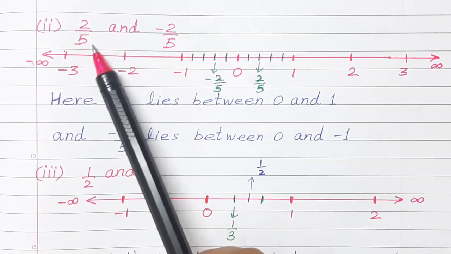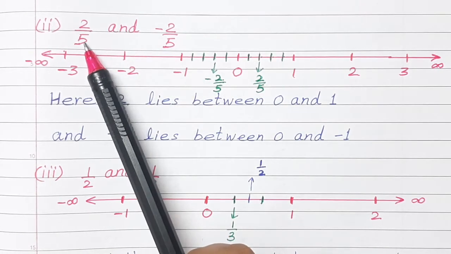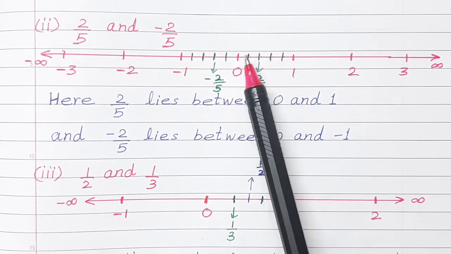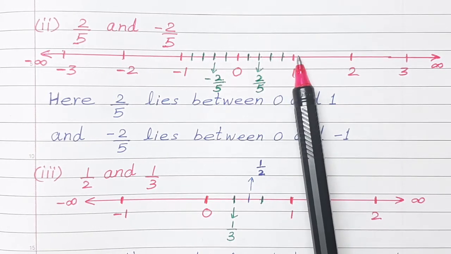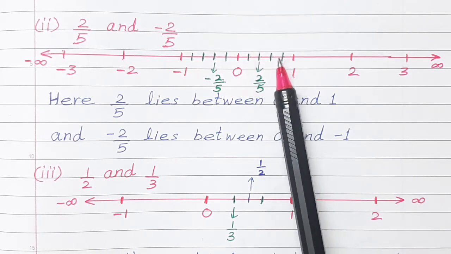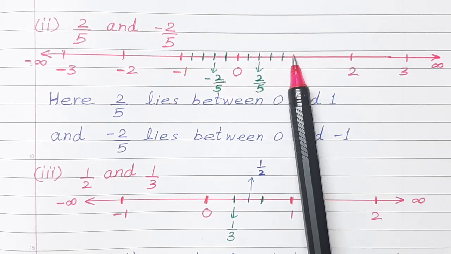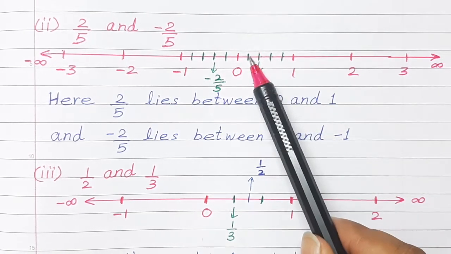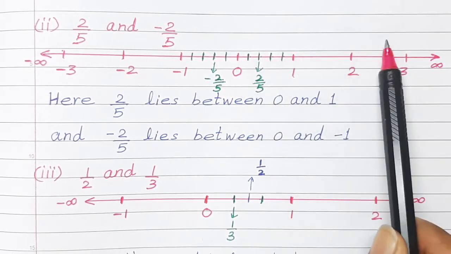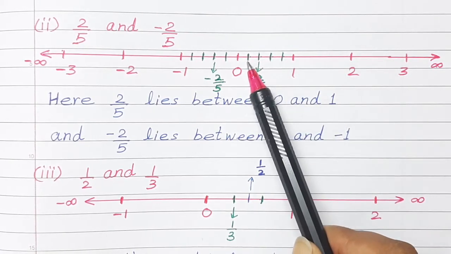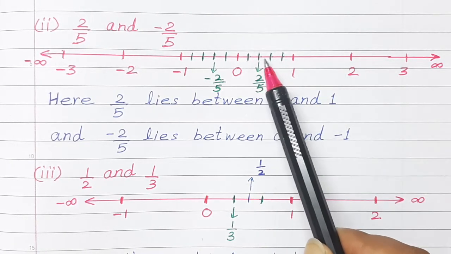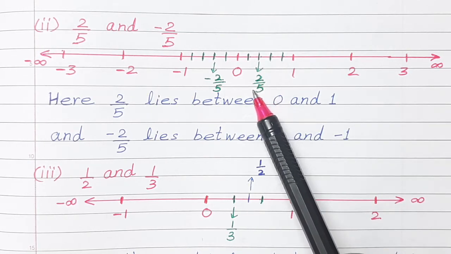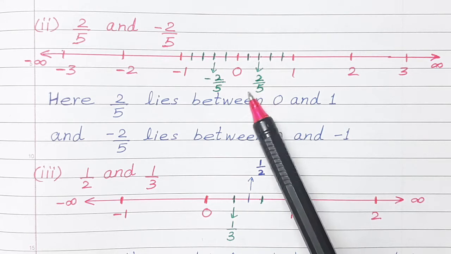Now see the denominator, it is 5. So let us divide the distance from 0 to 1 into 5 equal divisions. Right? So now you can see the first one, from left to right, is 1 upon 5. Then the second one is 2 upon 5, which is the required fraction.